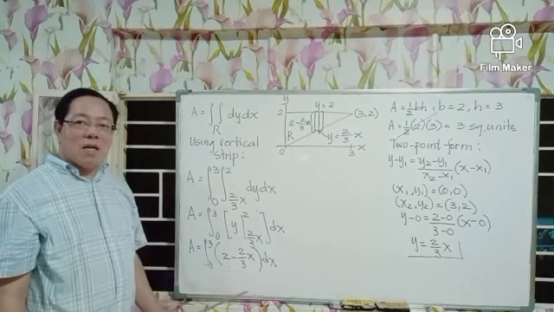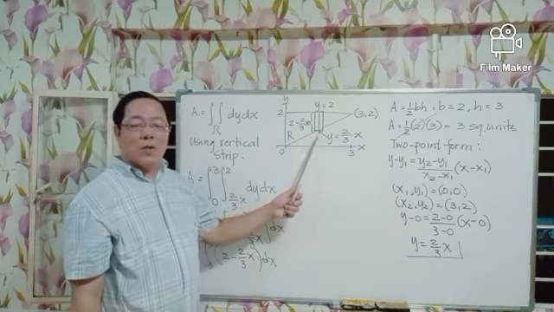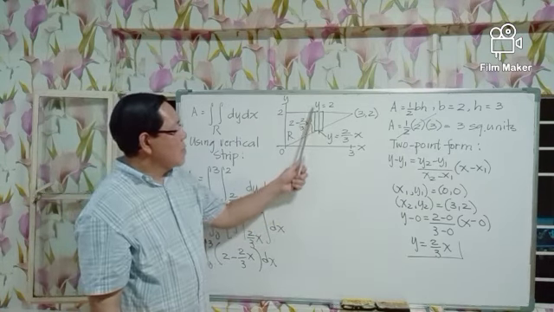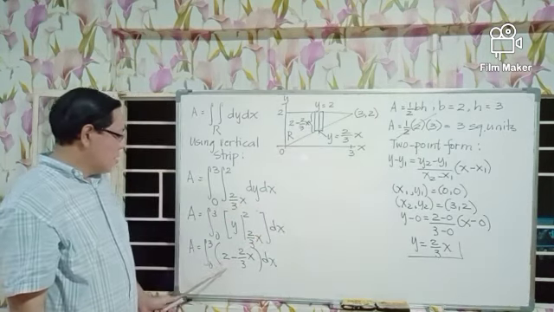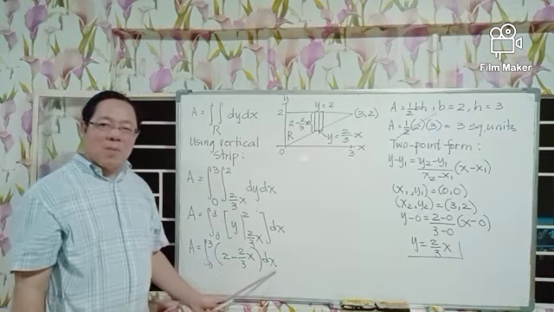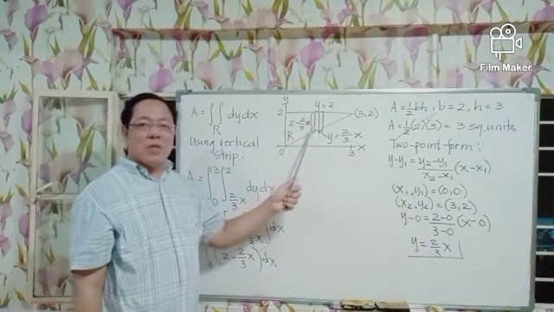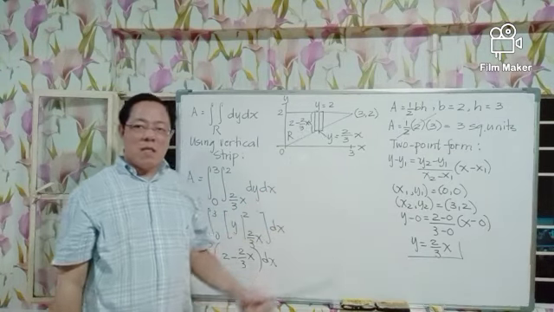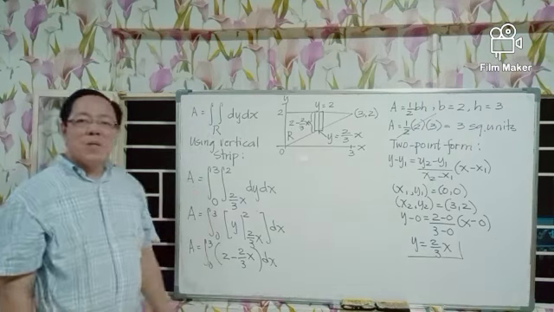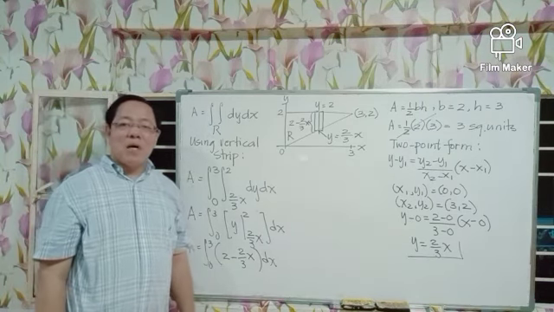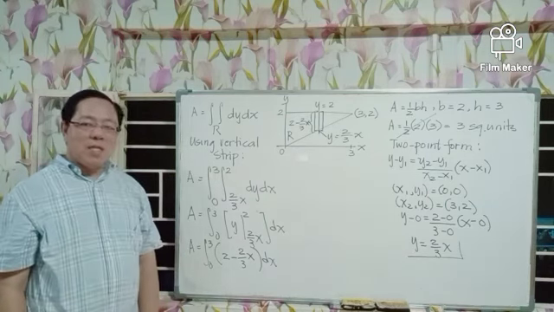The area of this rectangular element is equal to the length, which is the height of the rectangle, multiplied by the width, which is dx. The length is the height of this rectangular element, 2 minus 2/3 x, and the width is dx. But this was obtained from this double integral formula for finding the area of a plane region using double integration.